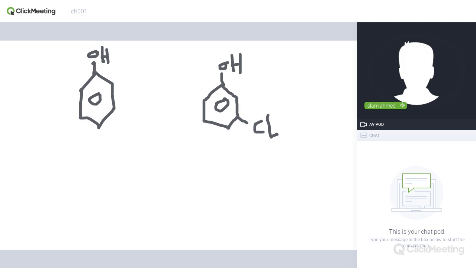So we will write here phenol. The substitution will be on the left, as we have learned before. So the substitution comes before the name of the compound. The name of the compound is phenol, so the substitution comes before it.